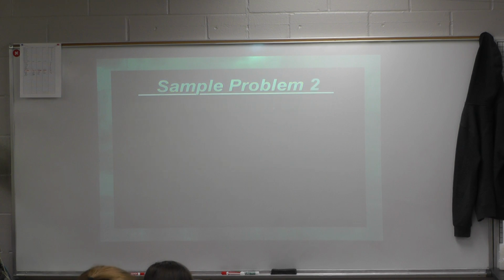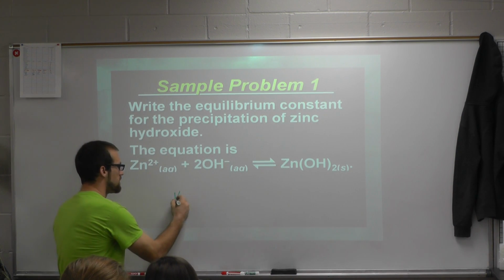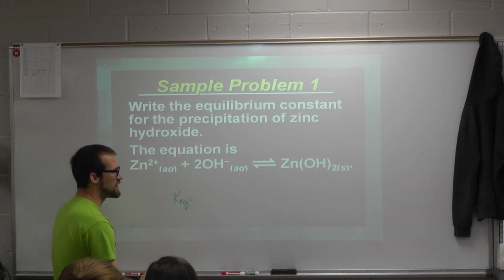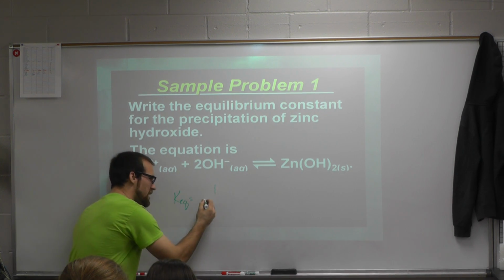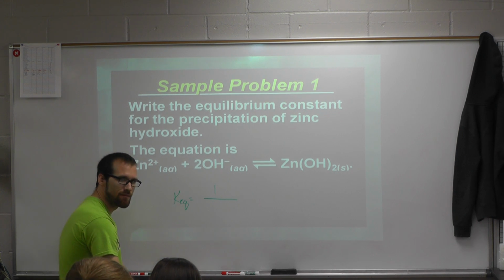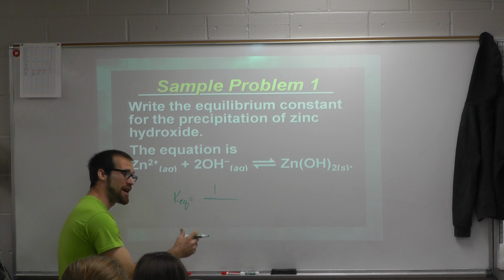Alright, so did you guys get this? It looks like they didn't have an answer, so I'll write it. Okay, EQ. Products over reactants. Notice my product is a. Now, if one's on bottom, you can ignore it, but why can't you ignore the one on top? It wouldn't be a fraction. Because if you don't have the one on top, it's like saying that your products are your reactants.